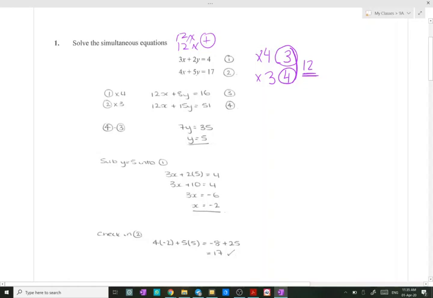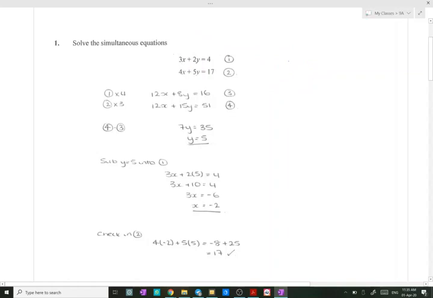So in order to eliminate the x, I need to multiply one of them by minus. Then when I add 12x plus minus 12x, I get 0x, and I have the y to solve for.